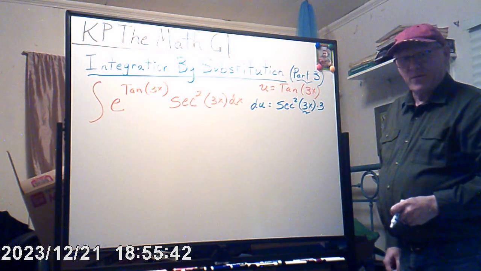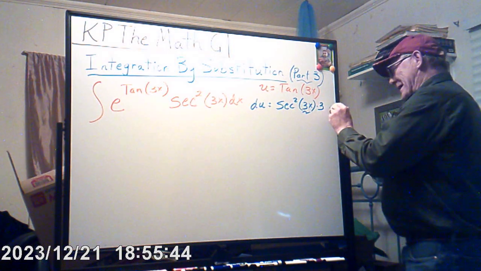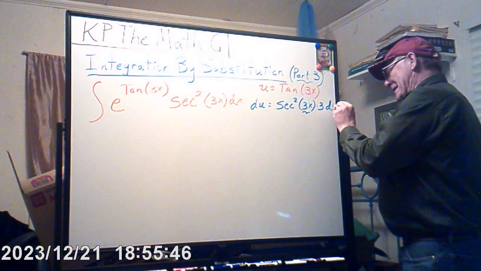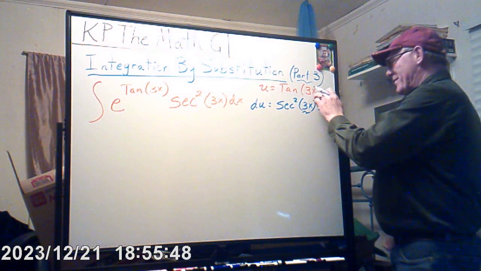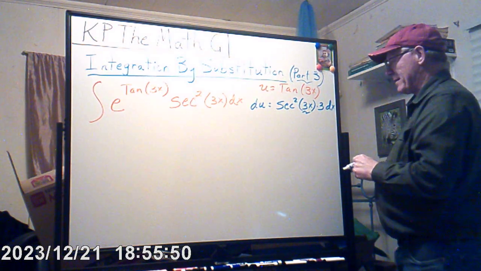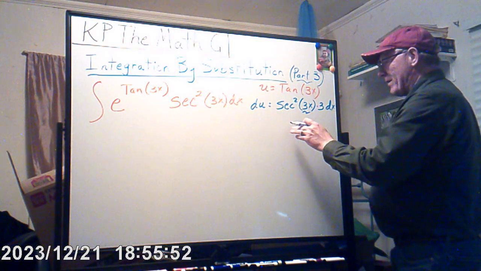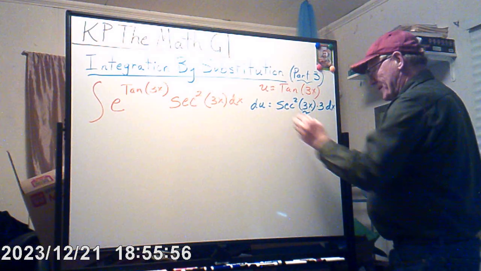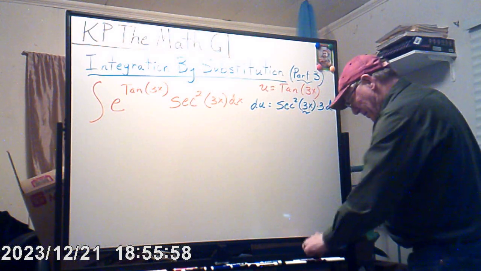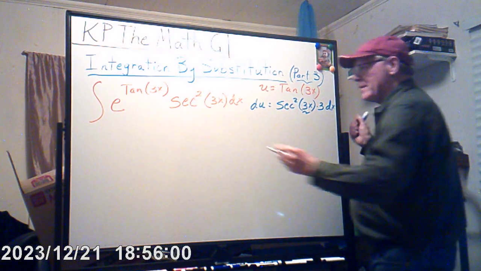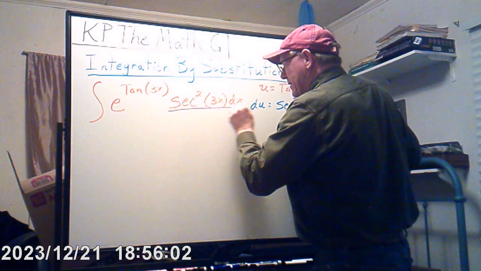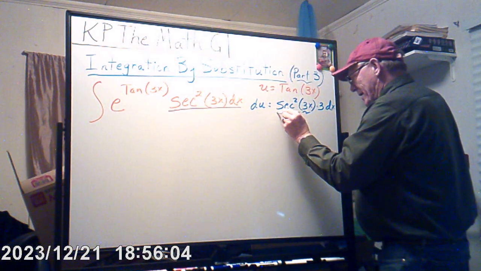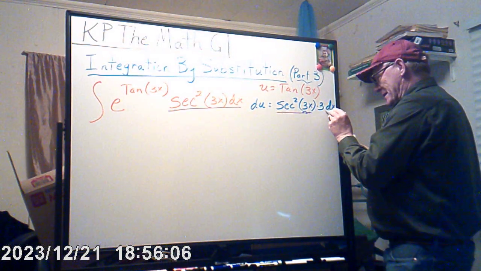Okay, alright, the derivative of 3x is 3. And then dx. Yeah, the derivative of x is just dx. Well, do I have everything here? Let's see what all I have. Secant squared 3x dx is what I need to have. Secant squared 3x dx.